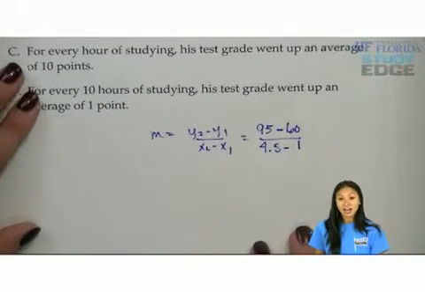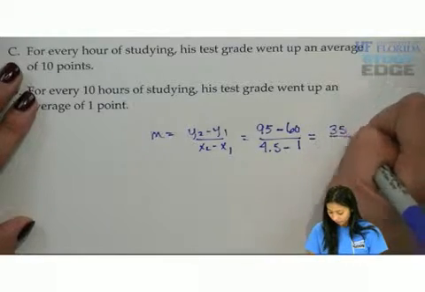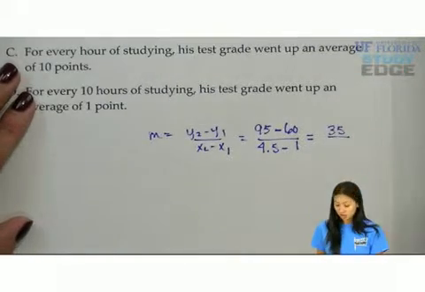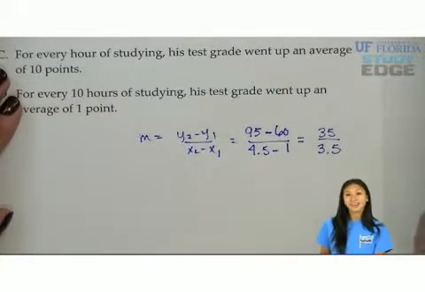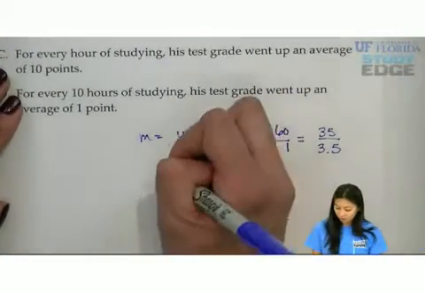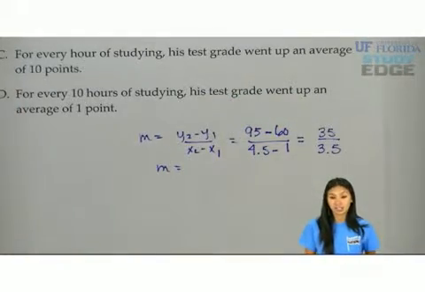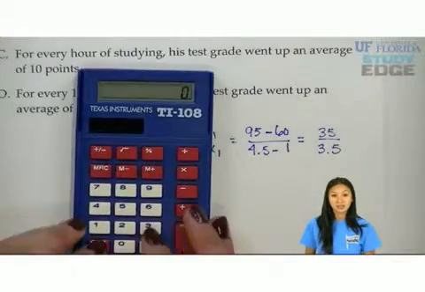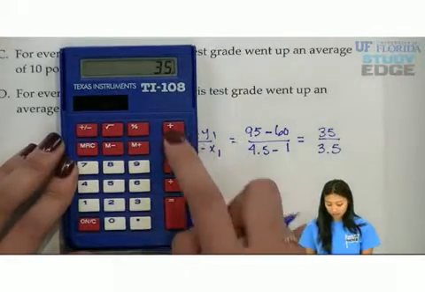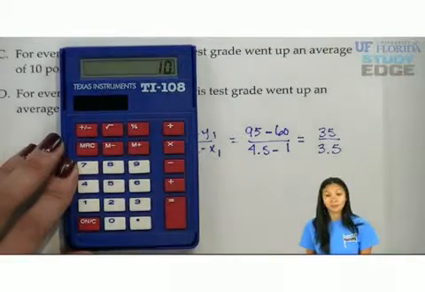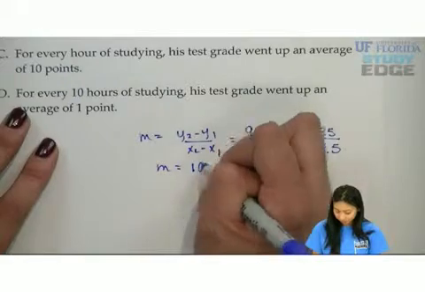All right, I have 95 minus 60, which is 35, over 4.5 minus 1, which is 3.5. If you're not sure how to do that, remember, we have our handy-dandy calculator. You do get a calculator on your EOC. Yay. It looks very similar to this one. So I'm going to do 35 divided by 3.5 to give me 10. So my slope is 10.